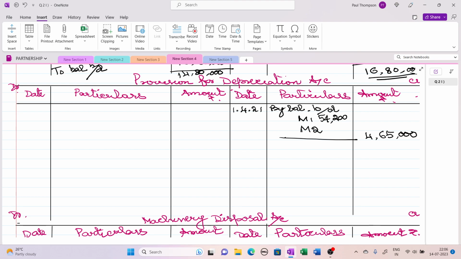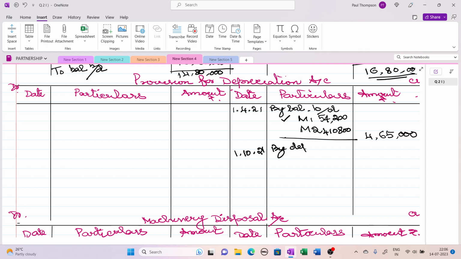That gives you 4,10,800, because we need the breakup so that we can take this to the disposal account. Now we have to charge depreciation up to October 21 for M1 because we are disposing it.